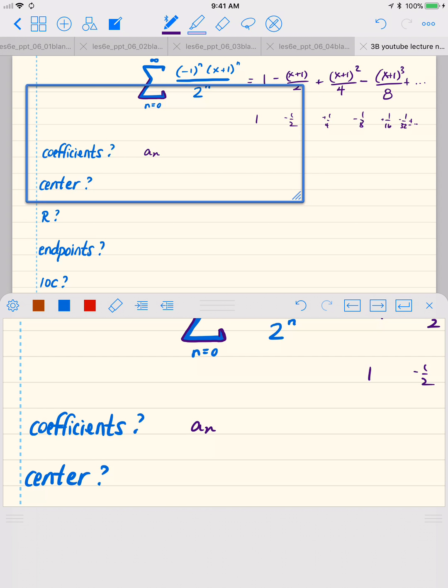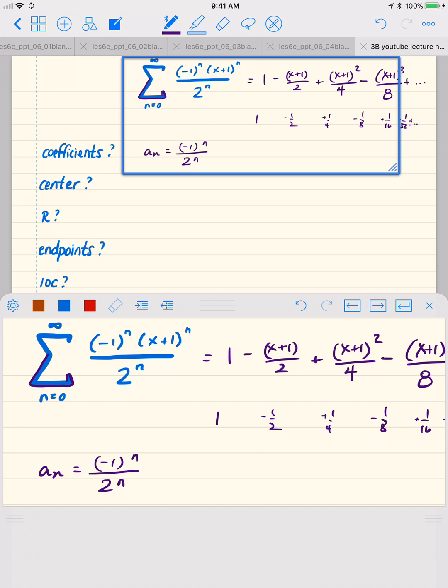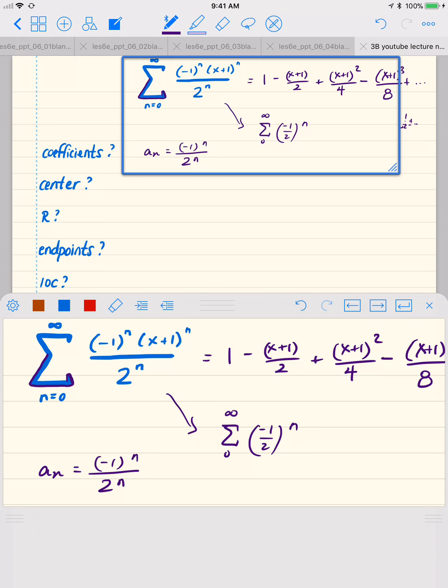So for my coefficients, I can write a formula. A sub n is going to be negative 1 to the n over 2 to the n. And another way I can see that coefficient easily is by rewriting my power series. So if I take this power series and I write it as the sum from 0 to infinity of negative 1/2 to the n, x plus 1 to the n.